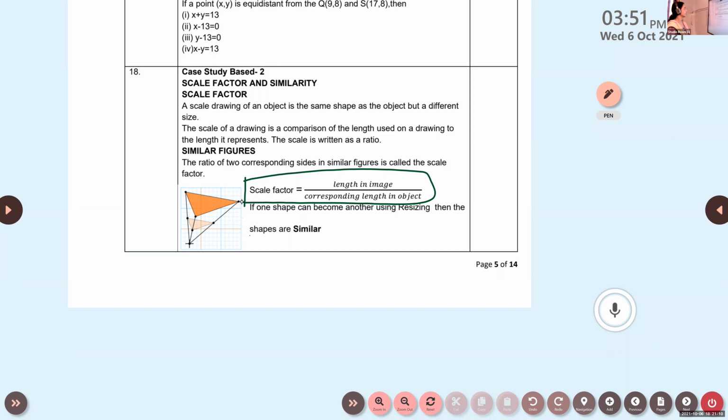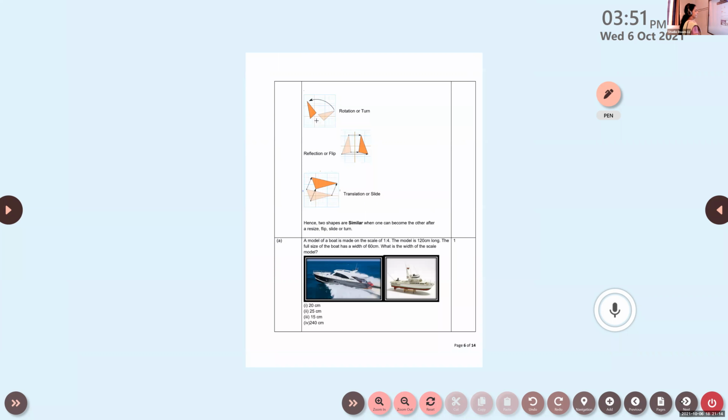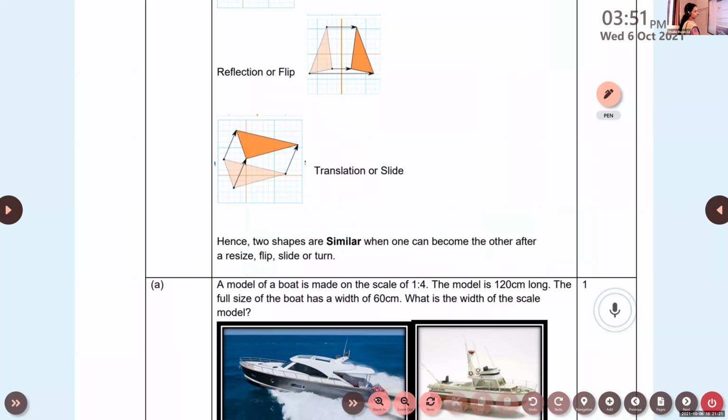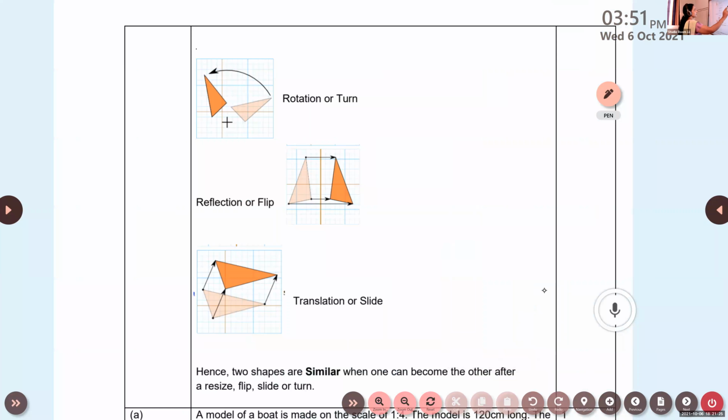Now I'll share the question. So look here, this type we discussed earlier. Rotation.